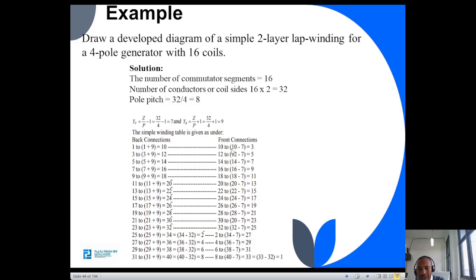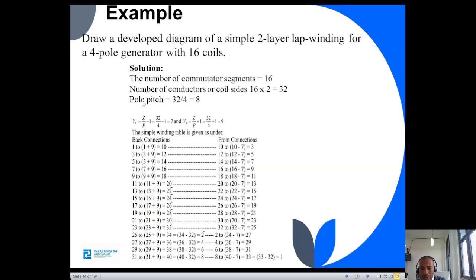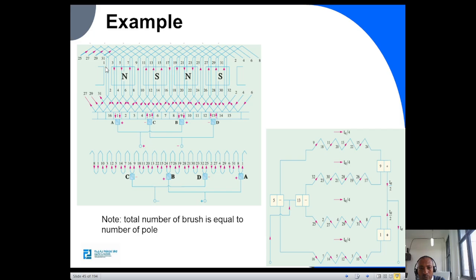So if you see the windings, this is the overall winding. I was using first coil side 1, and since it is the back side, 1 plus 9 is 10. The next coil side, where it is going to be connected, coil side 2 goes to 10, this one.